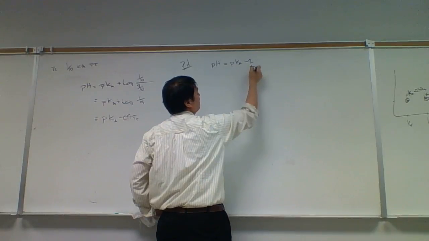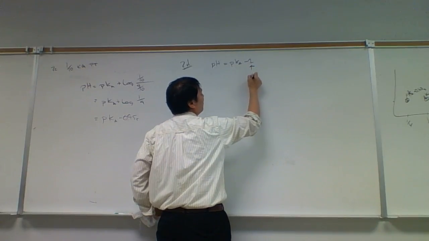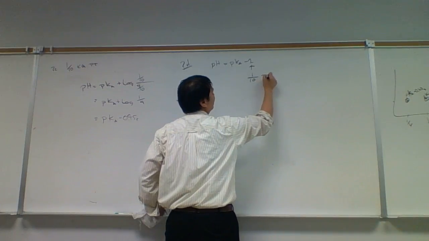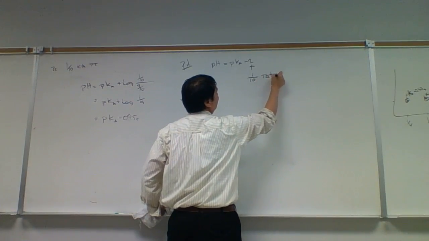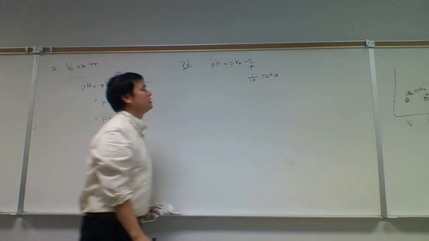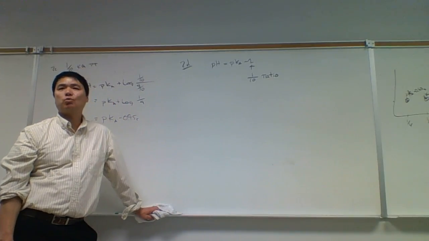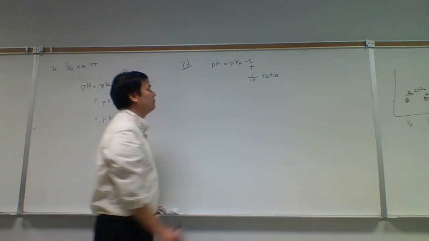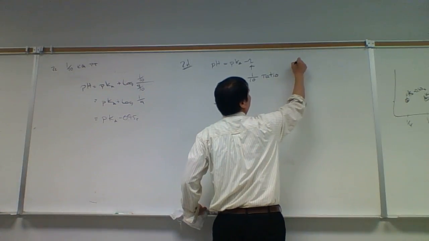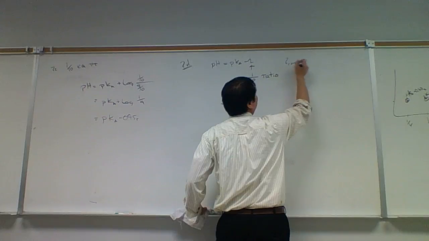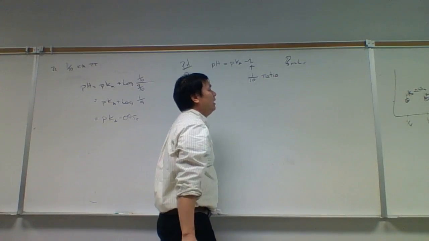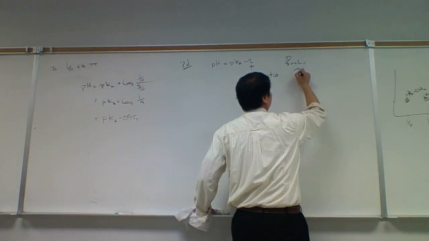If we have the pKa minus 1, then we know we have a 1:10 ratio base to acid, a 1:10 ratio, right, to give us a minus 1 in the log term. And so the question would be, how many milliliters of sodium hydroxide is that? And what is the equivalence point?